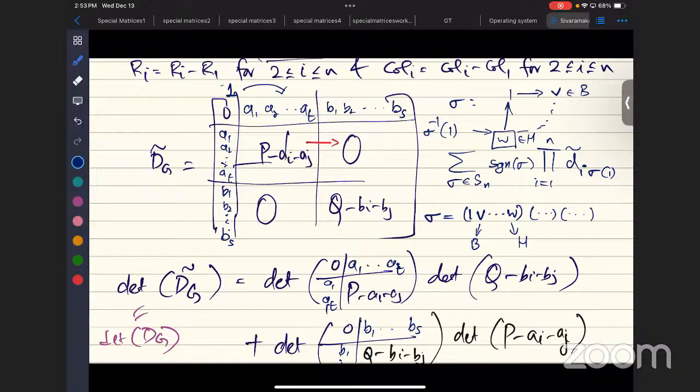In order to do that, we only have to consider the combinations when all the indices belong to either B or to H. Then only the product won't contain the zeros. So that's it.